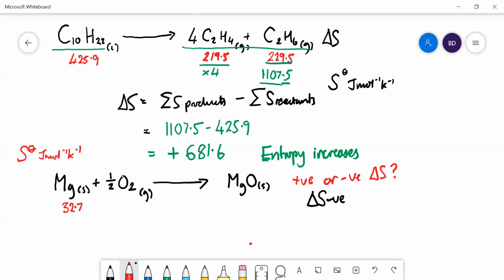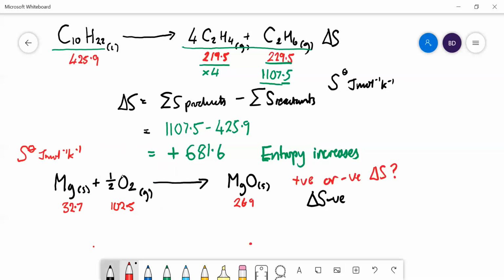So the value there is 102.5. So for O2 itself, it would be 205. Magnesium oxide is going to be pretty low because it's a highly ordered ionic solid, 26.9.